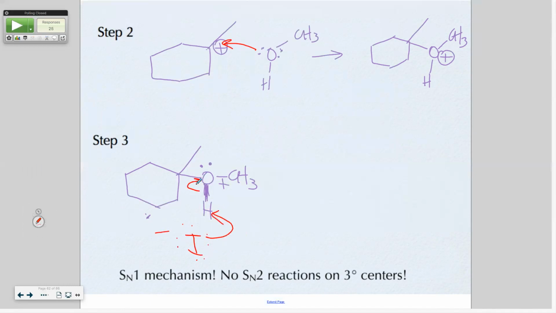That's part of it. You got to follow the electrons all the way. Okay, so now what did we make? Well, we should have made the product. Okay, and what else did we make from this? HI.